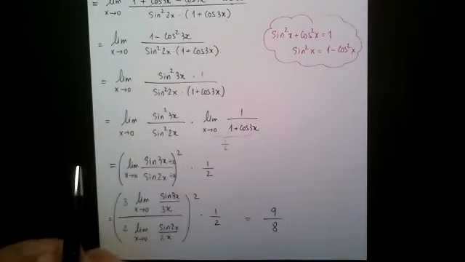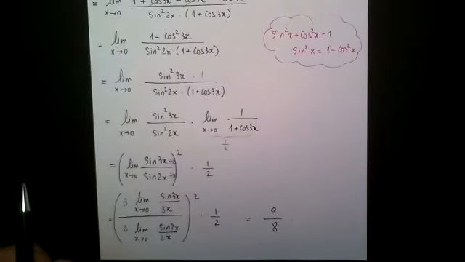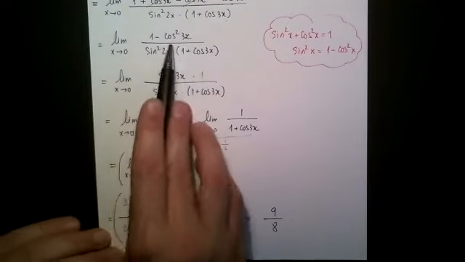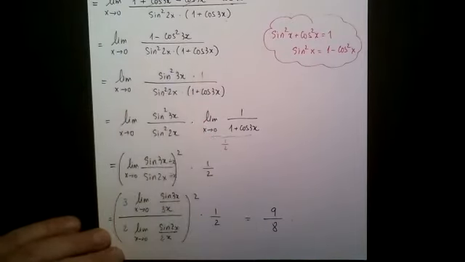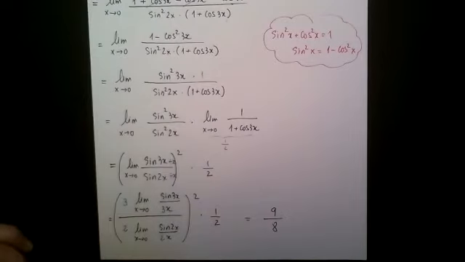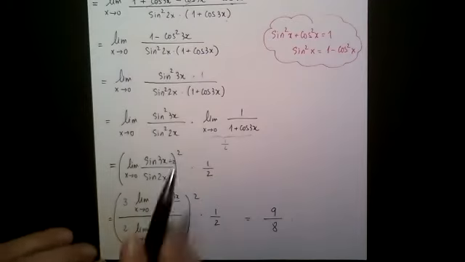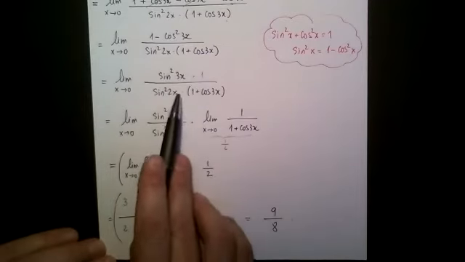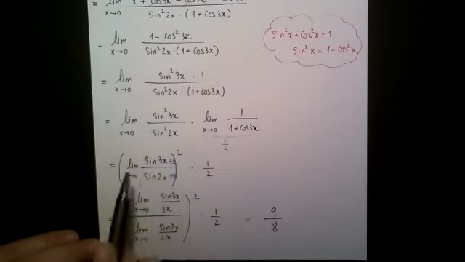No, it's not good. 9x squared would be good. 1 minus cos squared 3x over 9x squared, this will give you 1, yes. But not 3, because everything is squared. Okay, that's why you really have to be careful and go through all the steps. You can't start to try to find shortcuts right away.